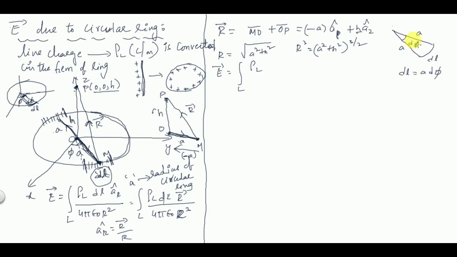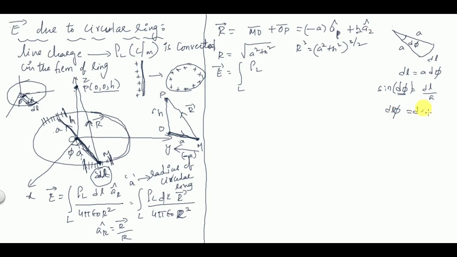Okay, so actually, if you take sine of the angle, sine of d phi is equal to the opposite side, dl by A. When phi is very small, sine phi is equal to phi.